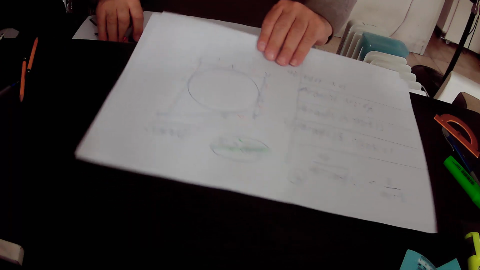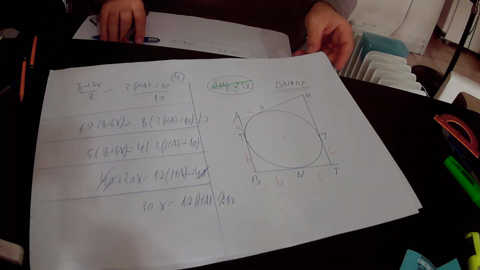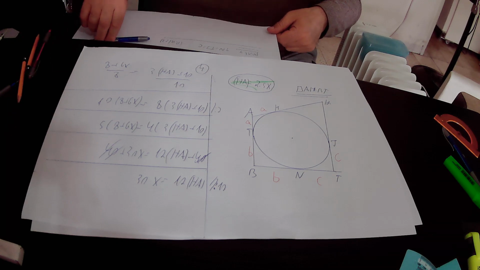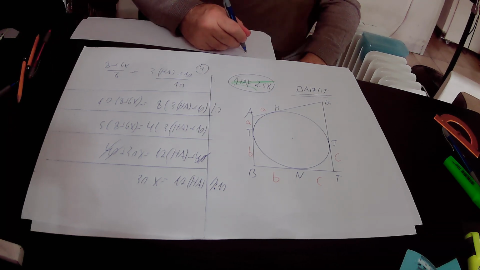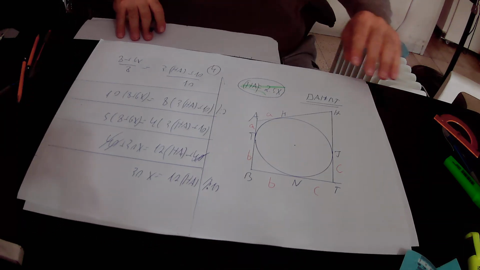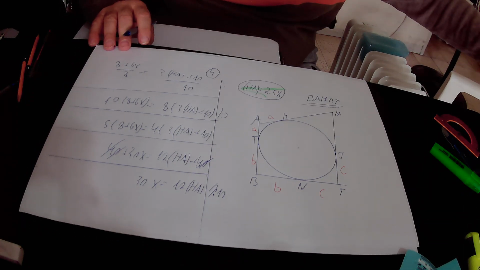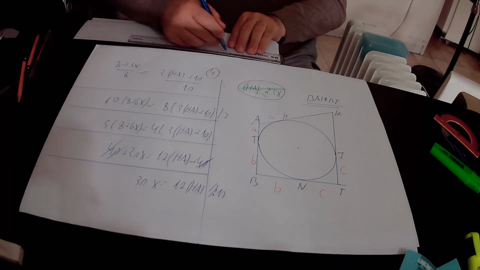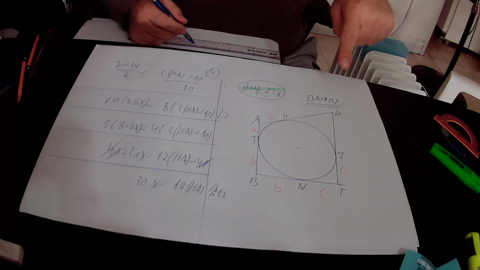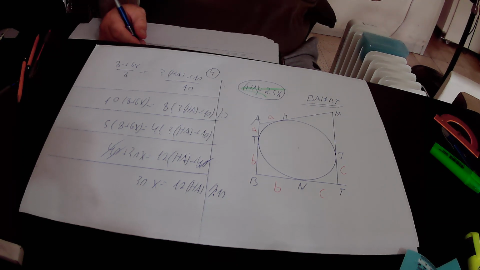And finally, we'll focus on the common external point, point H. From point H, we have two tangents to this circle, tangent HJ and tangent HK. According to rule 2, they are equal to each other.